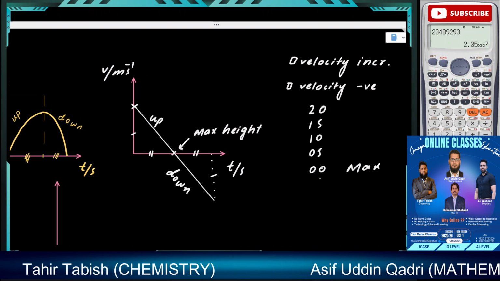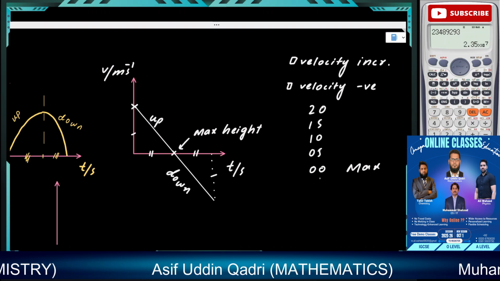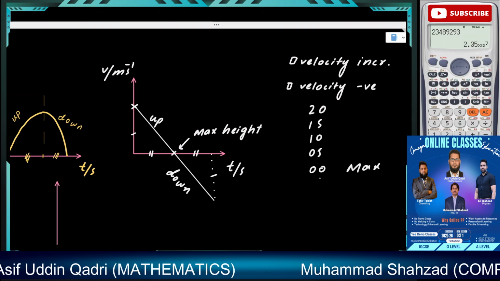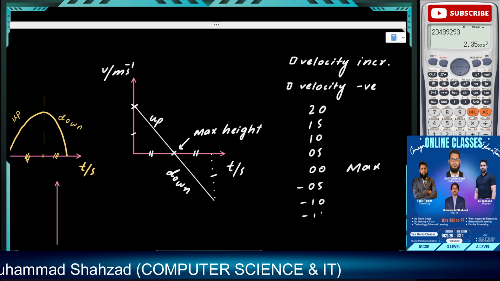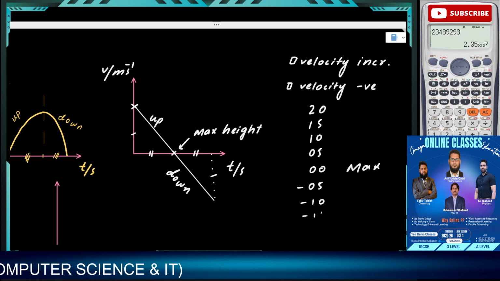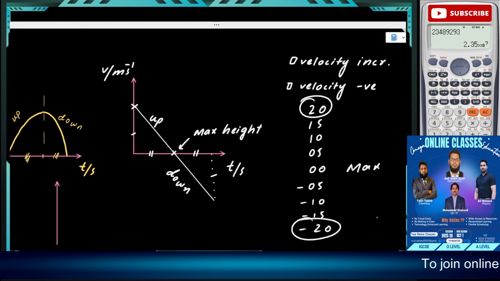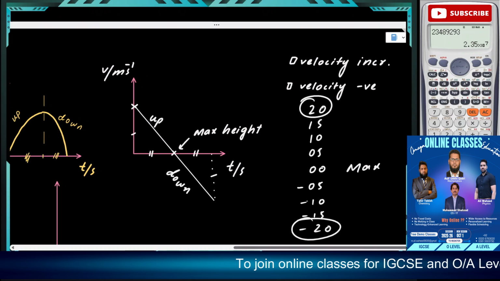The velocity increases, but in the opposite direction. So it could look something like this: -5, -10, -15, and -20. So this thing and this thing are equal, but with the opposite sign. This is what this situation would look like.